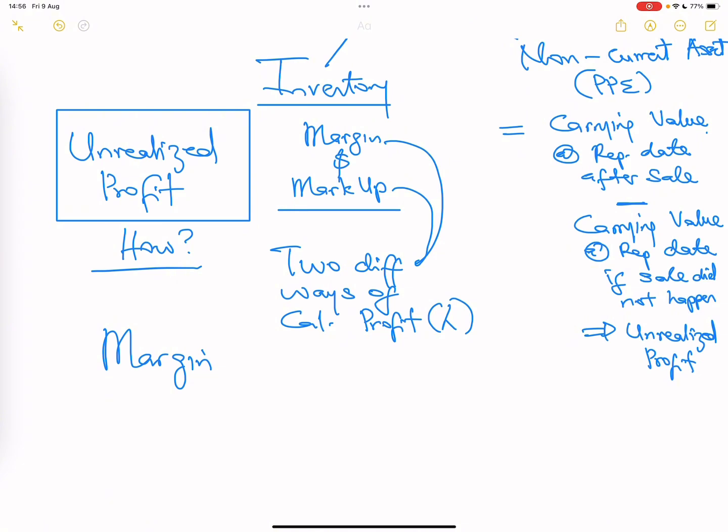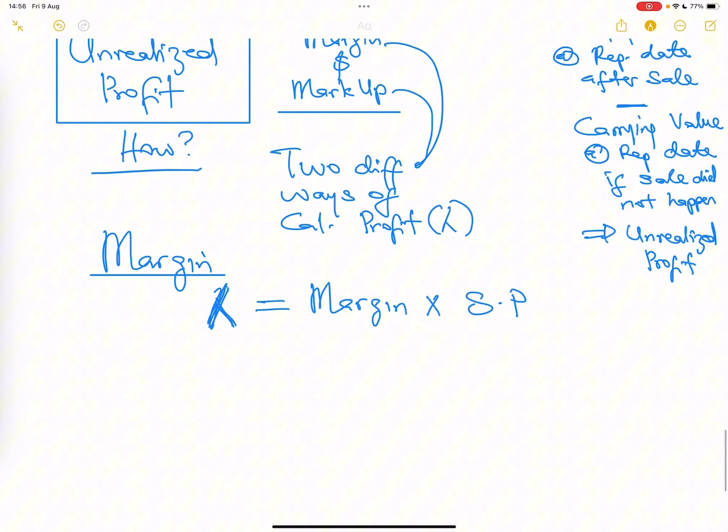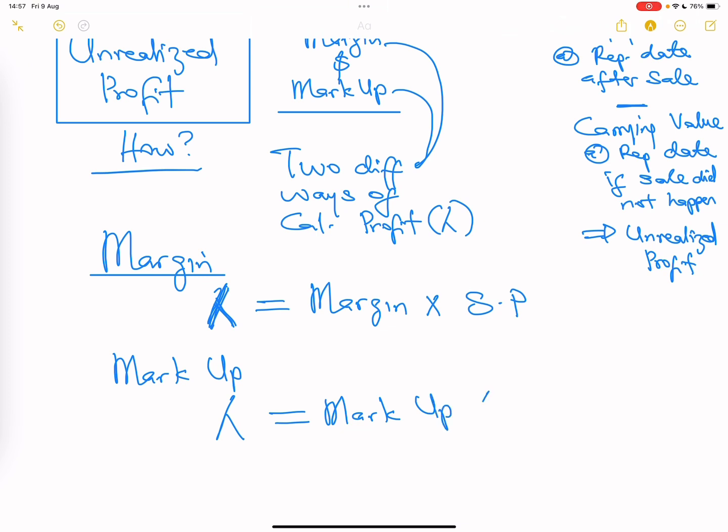If the information you have in the question is margin, just know that your profit is equal to margin multiplied by selling price. And if the information you have in the question is markup, which will also be given in percentage, then your profit will be equal to markup multiplied by cost of sale.